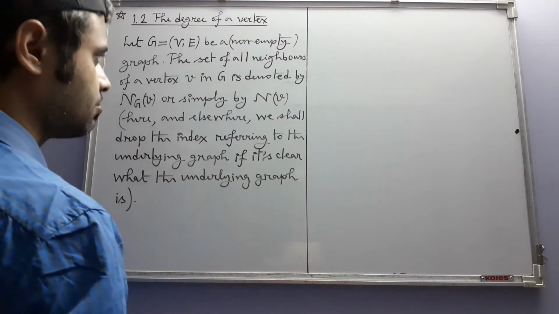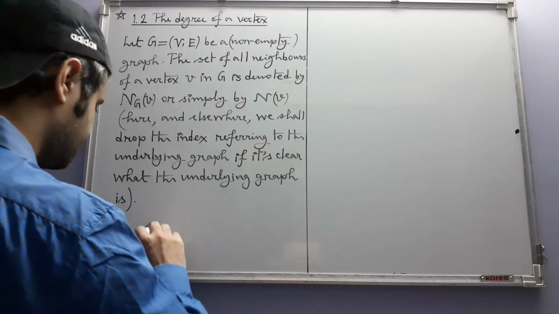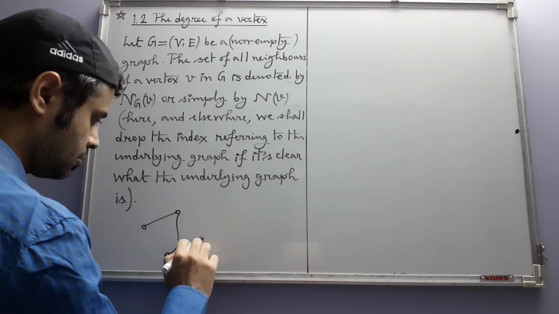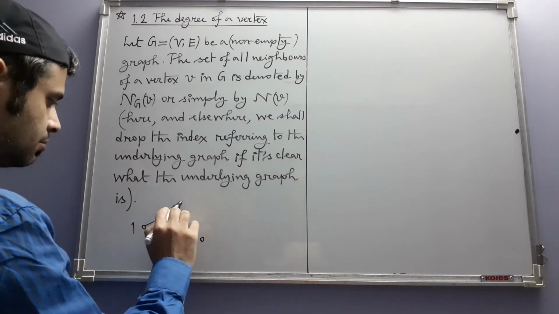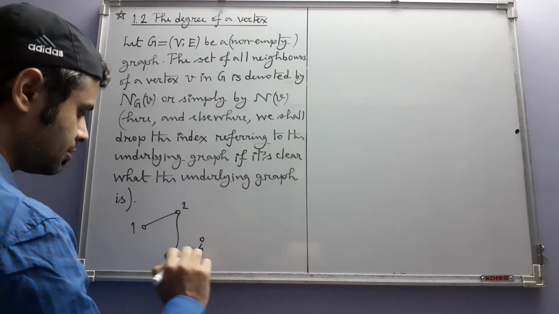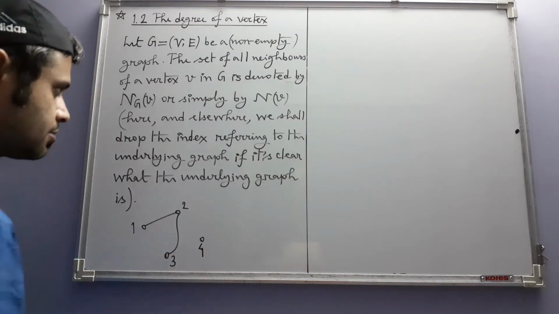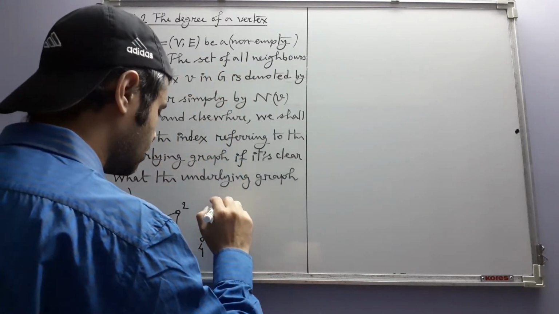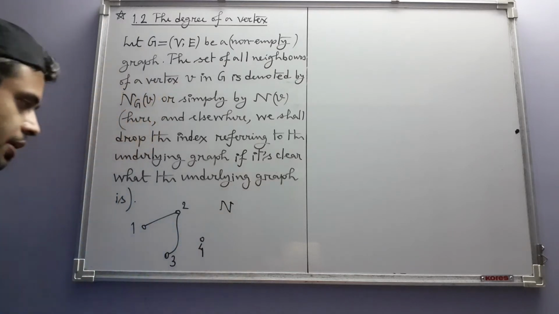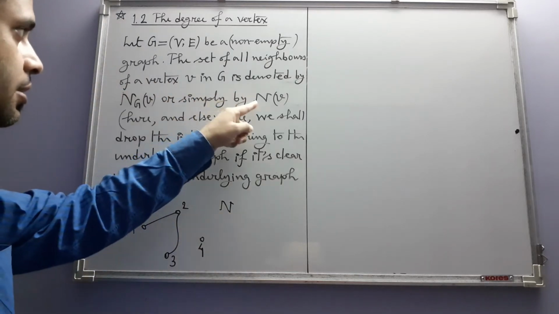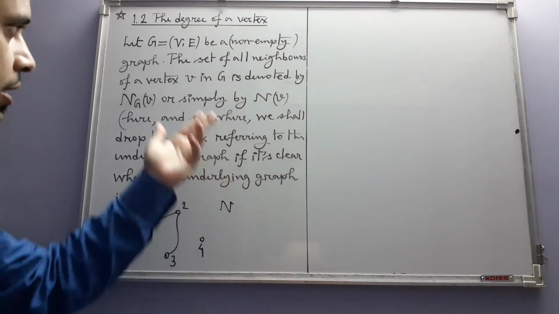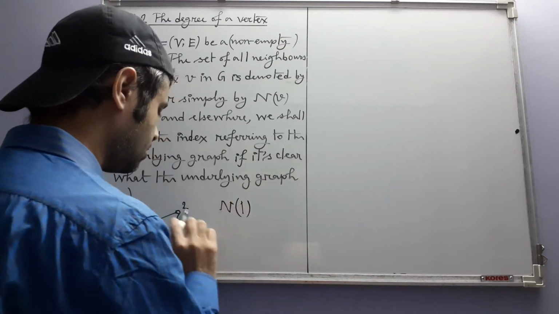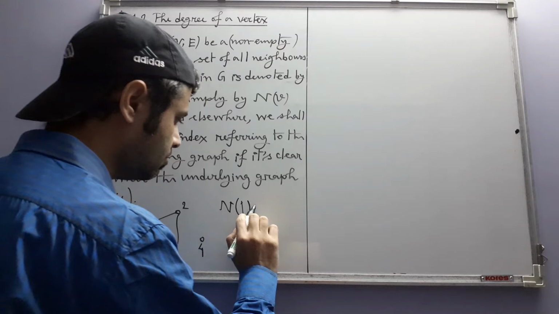Okay, now let us take one example, a simple example. Say we have this graph which has 4 vertices and 2 edges like this. So the set of neighbors of a vertex in the graph, that means if a vertex V is given, this is the set of all those vertices in the graph that are adjacent to V. So from this graph we can see that the only vertex adjacent to 1 is 2.